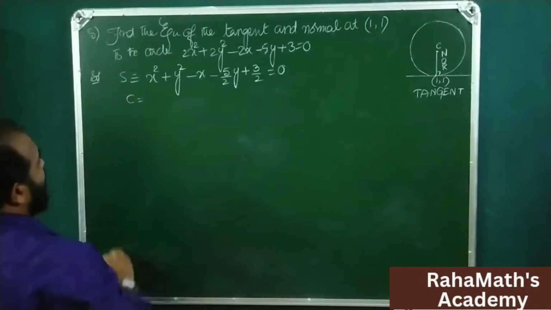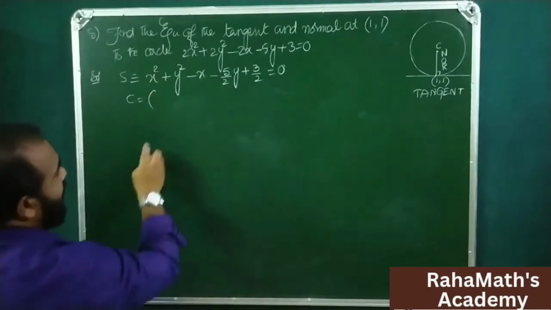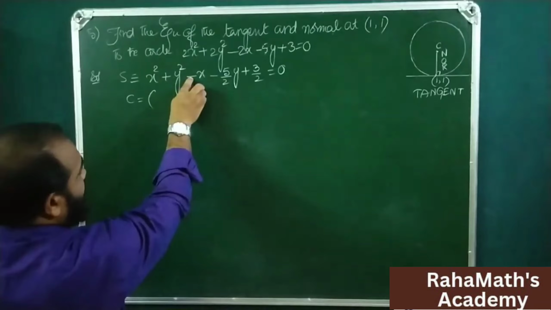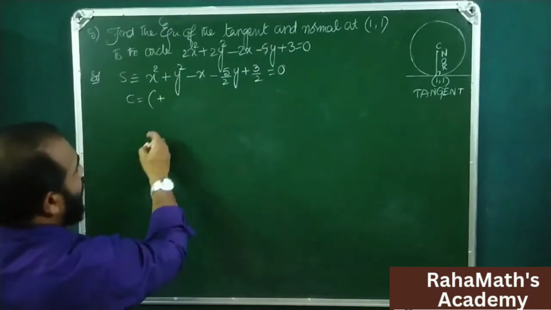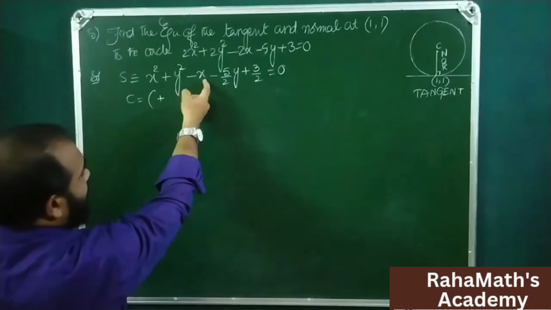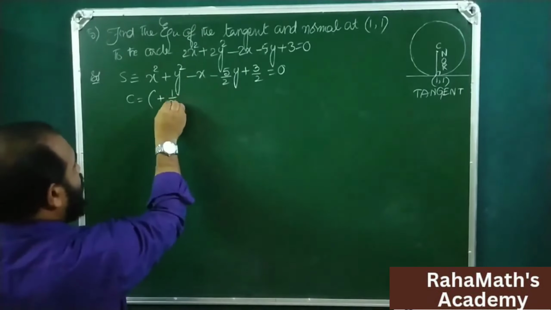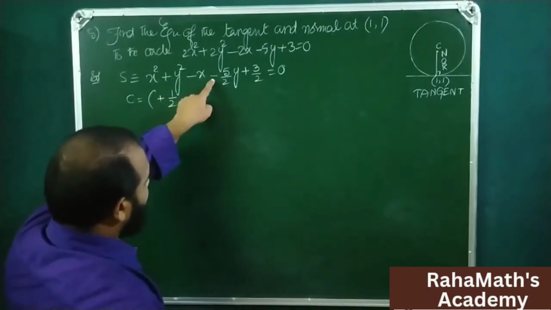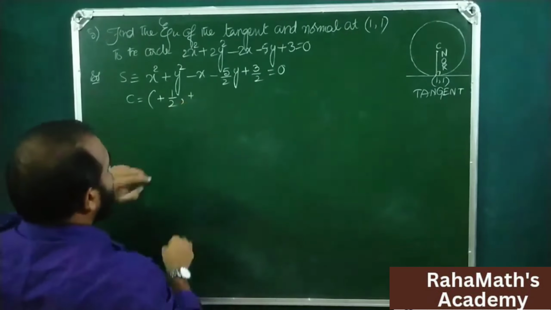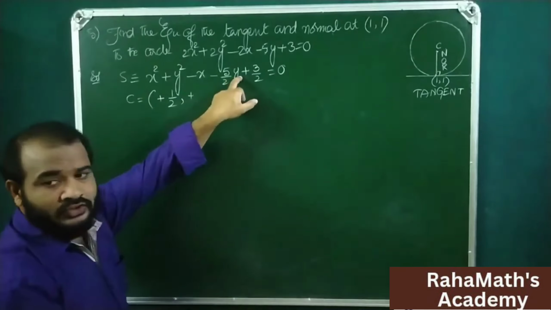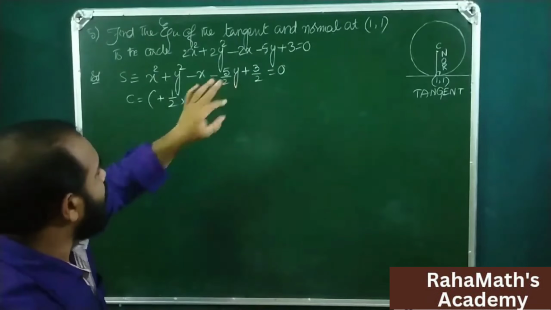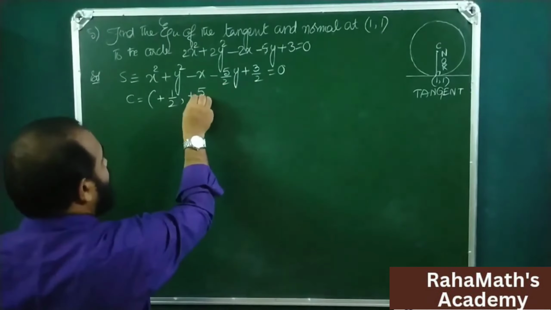So here the center is equal to (-g, -f). Here minus is there, change the sign, and the coefficient of x is half, so 1 by 2. Here minus is there, you take a plus. The y coefficient is 5 by 2, it's half, so 5 by 4.